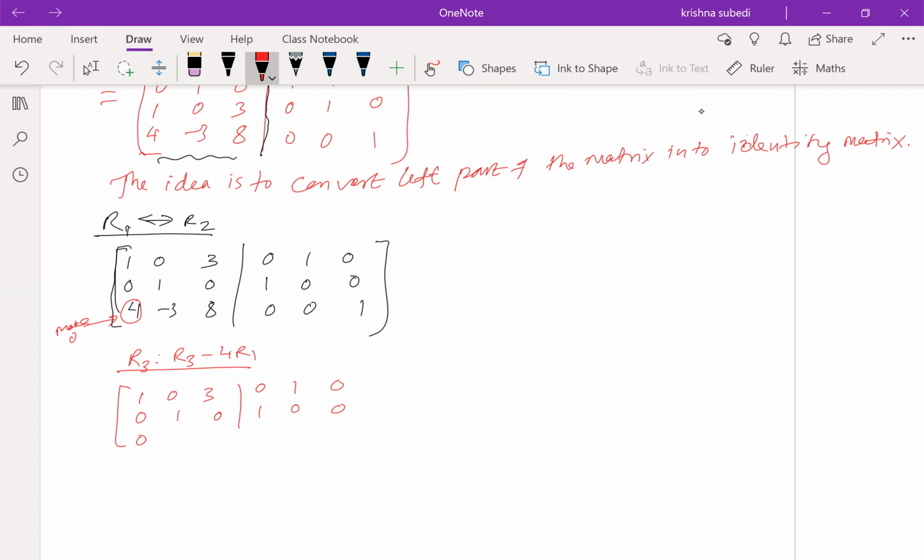R3 is negative 3 minus, there will be negative 3. R3 is 8 minus 4 times 3, that's minus 4. Yes. And then R3 minus 4 times 0, that will be 0; minus 4 times 1, that will be minus 4. And that will be 1.